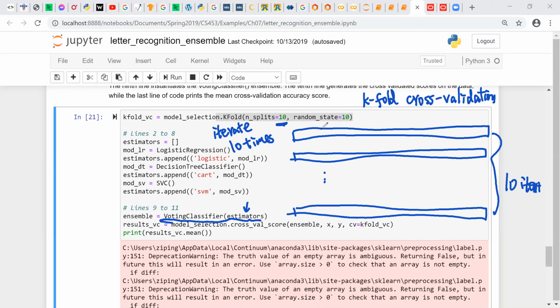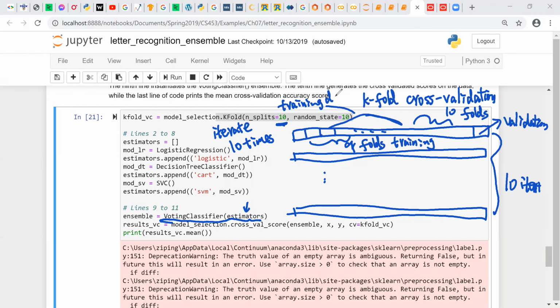And within it, you will have 10 folds. Generally speaking, you have 9 folds for training and 1 fold for validation. And this is all regarding your training data set.